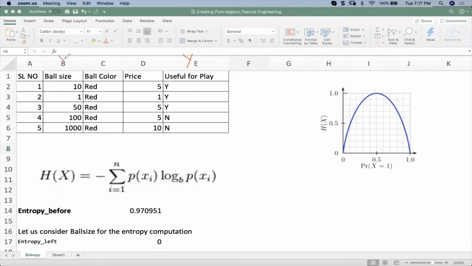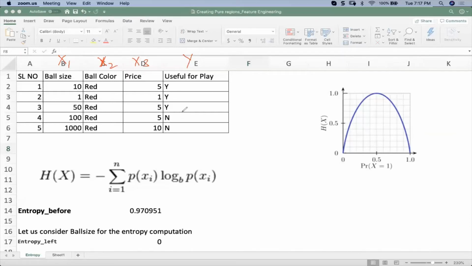And you have three features or inputs: ball size, ball color, and price. We want to understand which variable has maximum information in it. If a variable has maximum information, that means it has no error. And entropy is a form of error. That means entropy should be 0 for those variables which have the highest information.